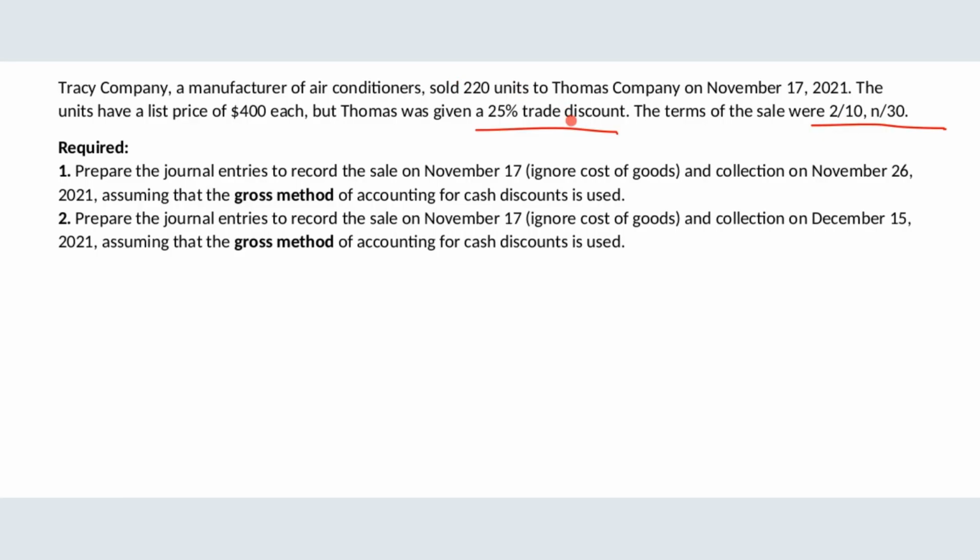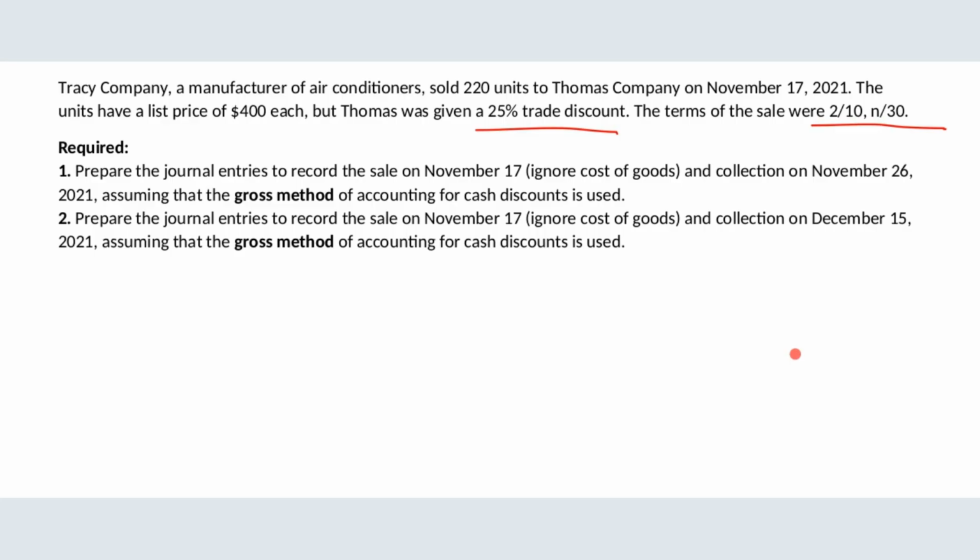All right. So two ways to deal with that is actually we can take our 220 units and multiply that by $400 each, and then multiply it by 0.75, right? Minus the trade discount.